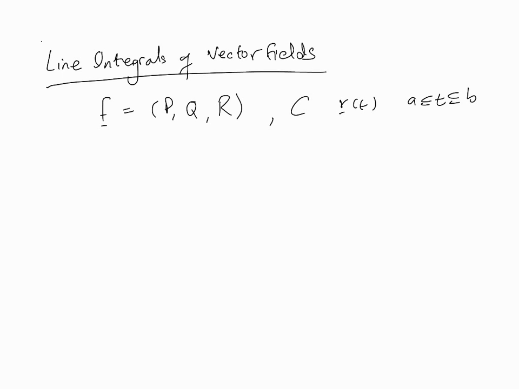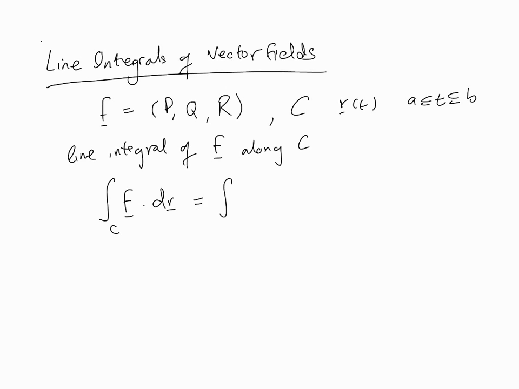Then the line integral of F along C, which means of the vector field along this path C, is written as the integral of F dot dr. Effectively, in terms of calculations, with these definitions, it becomes the integral from a to b of F of r(t) dot product with r'(t) dt.